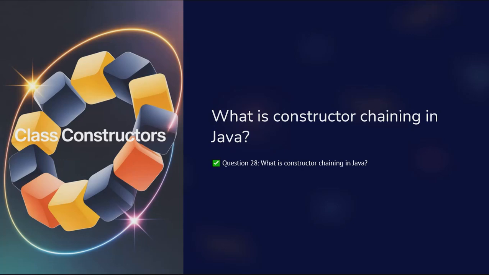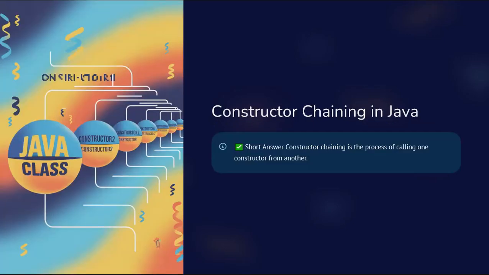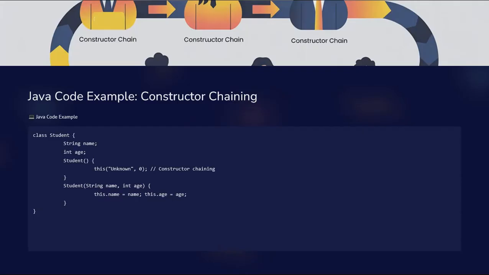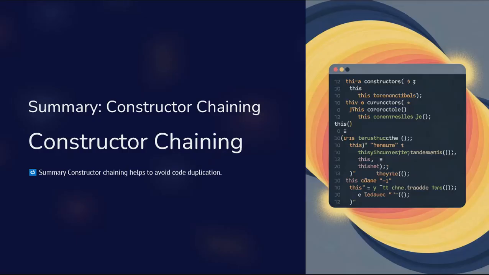Now, what is constructor chaining in Java? So, constructor chaining is the process of calling one constructor from another. So, its implementation is achieved using this and super, code reuse improves code, and execution order, first statement in constructor must be this or super. You can see one string name and age variable, student default constructor, and another student with parameterized constructor.